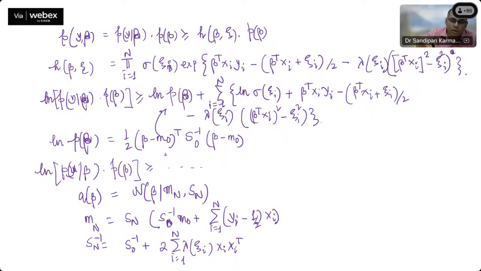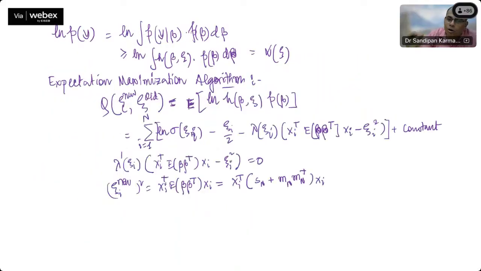Now based on this, what will be the next value of xi, the ith xi, and this is for each row of the observations.